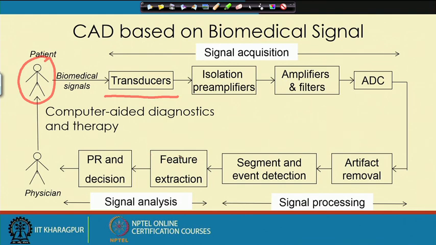But here we would be more interested in the transducers which give us electrical output, and then we will play with those electrical signals. And as we are connecting the human subject with the electrical signal, there is a need of isolation, so that even by mistake the electrical potential of the instrument is not injected back to the patient.